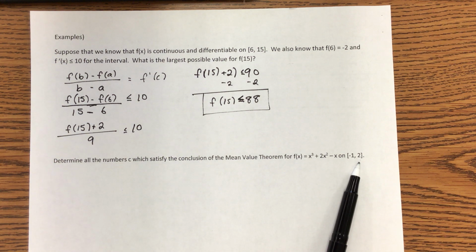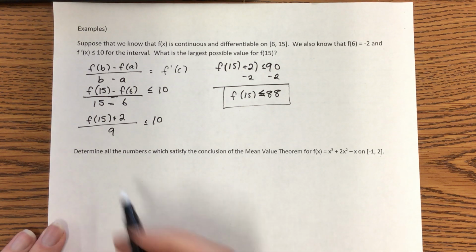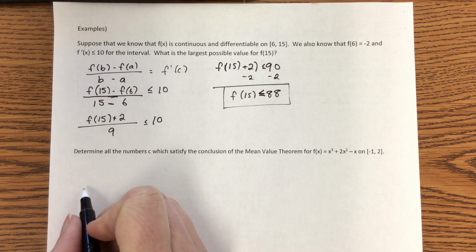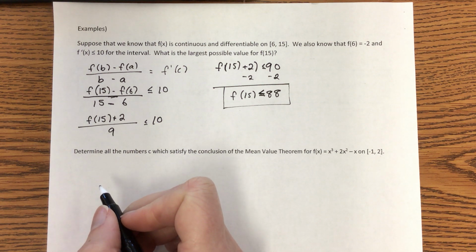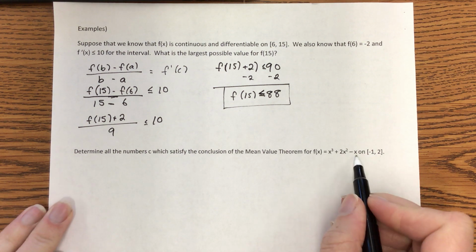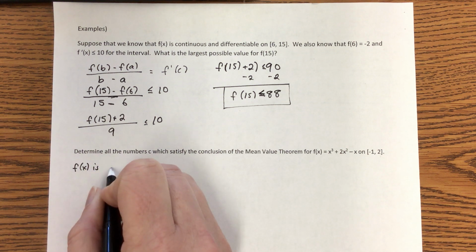So first off, we need to show that the mean value theorem can be used. How do you know you can use the mean value theorem? Well, you have to say that f is continuous on the closed interval and differentiable on the open interval from -1 to 2. F of x is a polynomial.